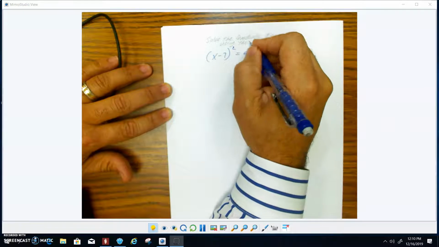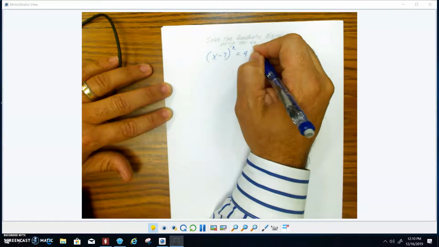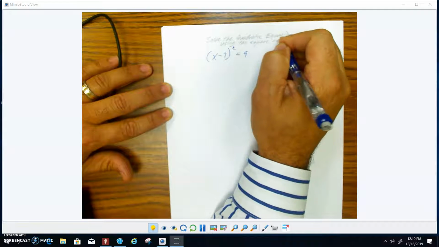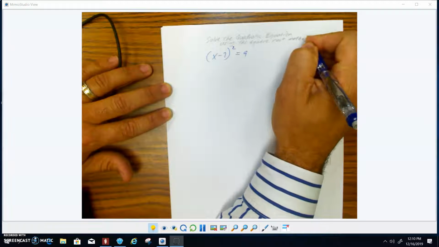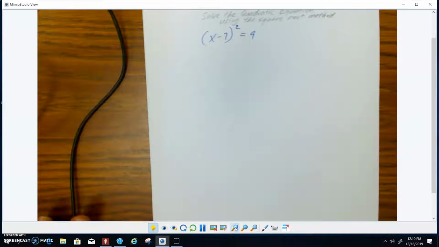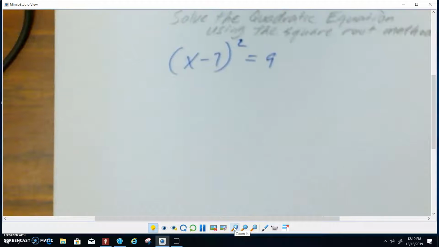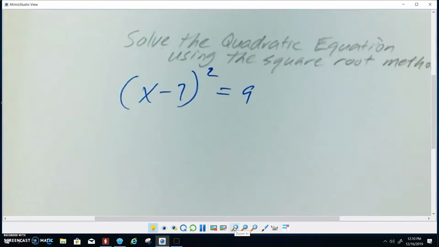So this is the only method that you could use when it's in this format. I'm going to make it bigger. Okay, can y'all see that?